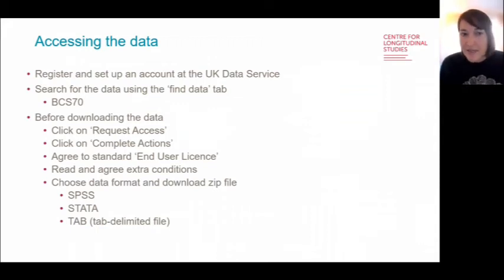You need to agree to the standard end user license terms and any extra conditions should it be special license. If it's a secure license, as Vanessa mentioned, you would need to do some specific training, so you can follow the link via the UKDS to do that, which was shown on an earlier slide.